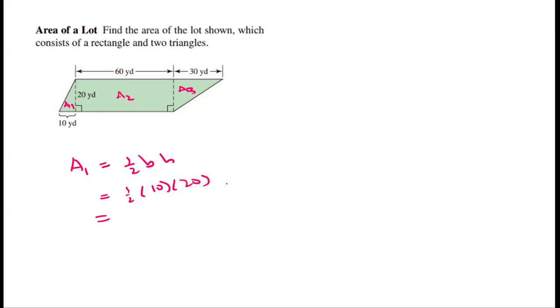Half of 10 is 5, and then 5 times 20 is 100. So for that first part, A1, this area here, that's going to be 100.